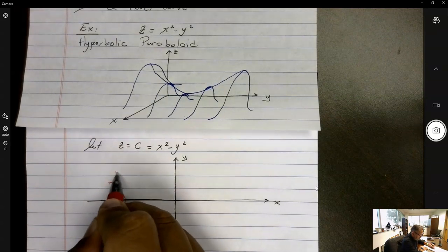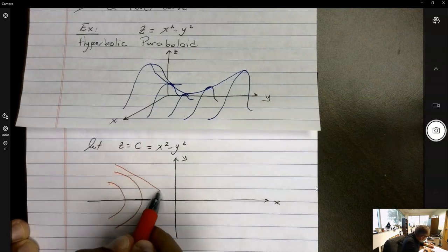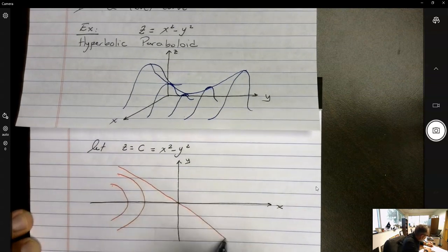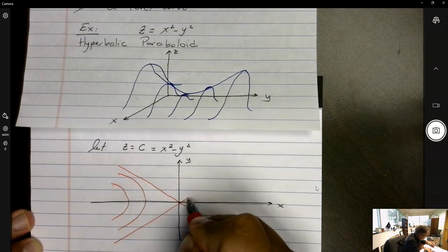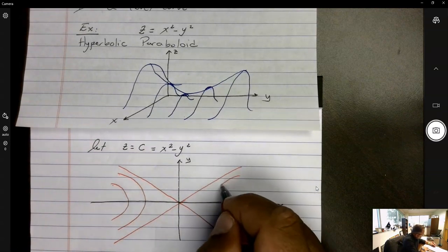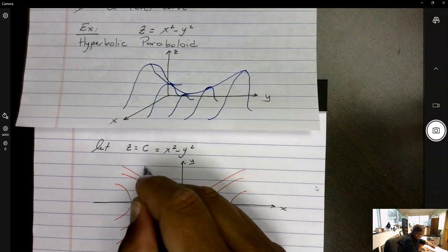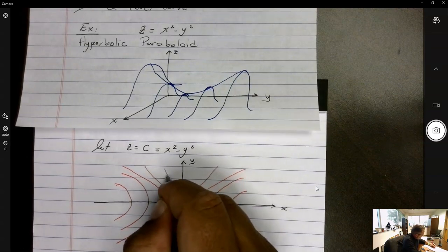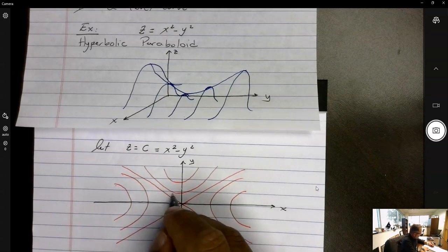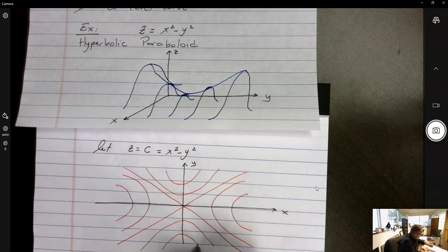So these parabolas, and I'm going to start with these, and then these parabolas coming in here, or essentially hyperbolas.